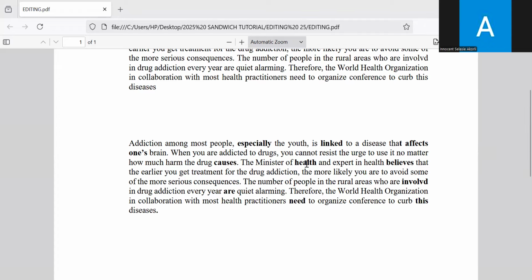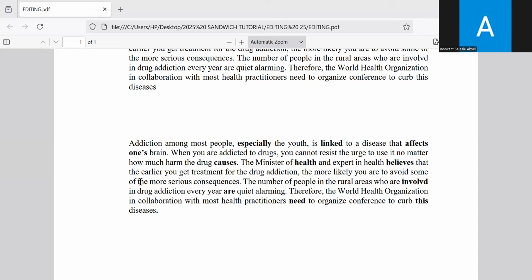The Minister of Health, you have to correct it, an expert in health believes that the earlier you get treatment for the drug addiction, the more likely you are to avoid some of the more serious consequences.